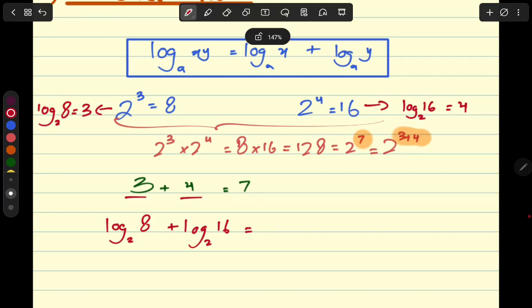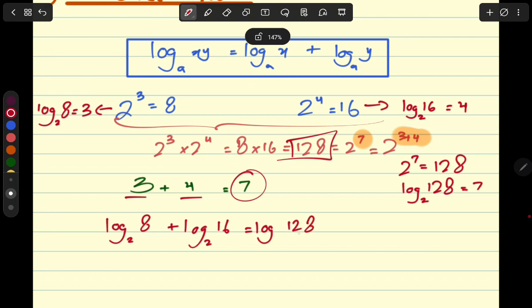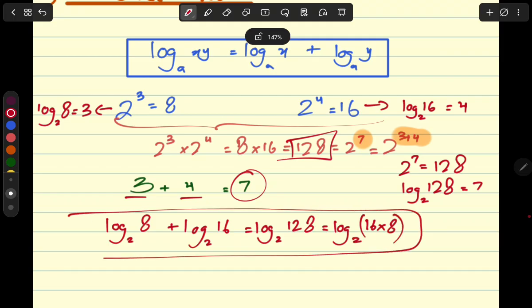And 2 to the power 7 was 128, so I can rewrite this as log of 128 to the base 2 gives us 7, which is also log of 16 times 8 to the base 2. Can you now see the connection?